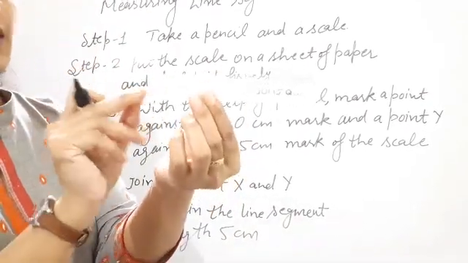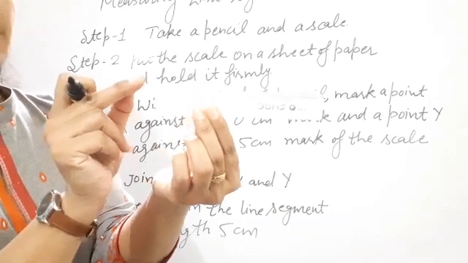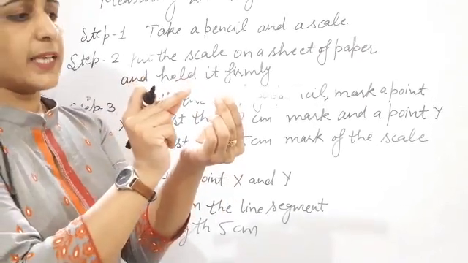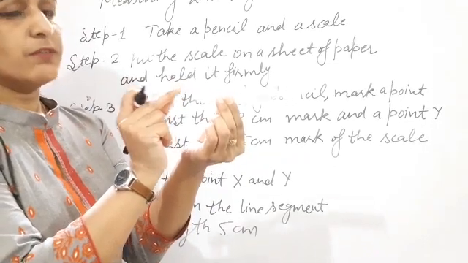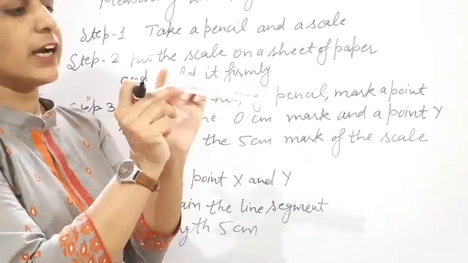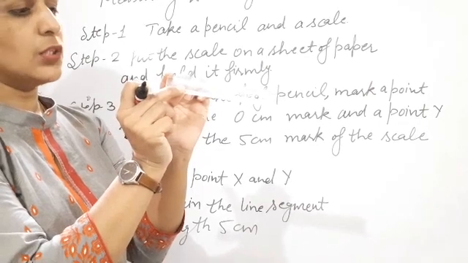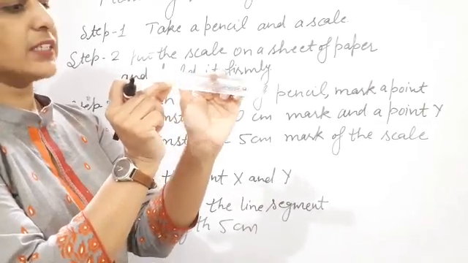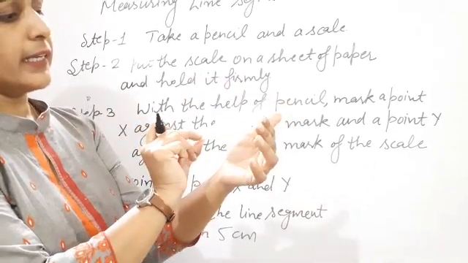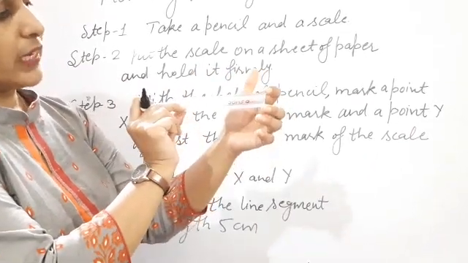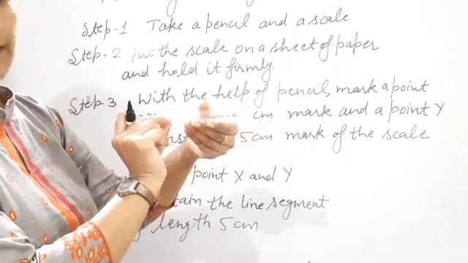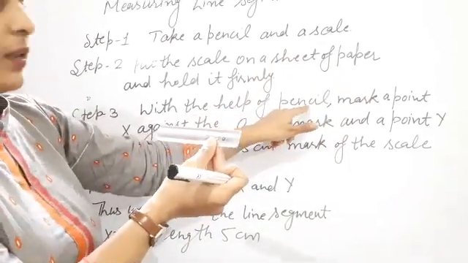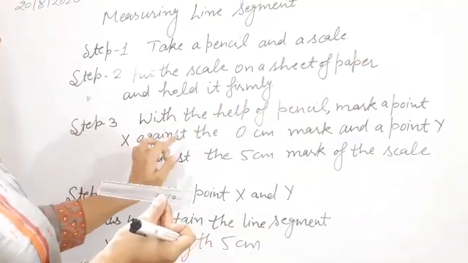You can see from 0 we start when we draw the line segment, and when we measure, we use the scale and start from 0. 0 to 1, 2, 3, 4, 5, 6, like that up to 30. Here 15 and 30 are also given. Clear all of you?